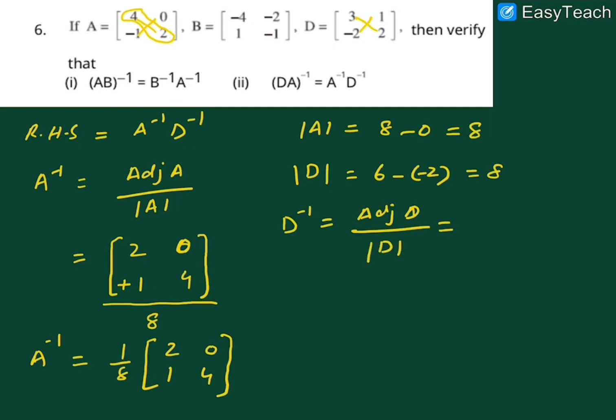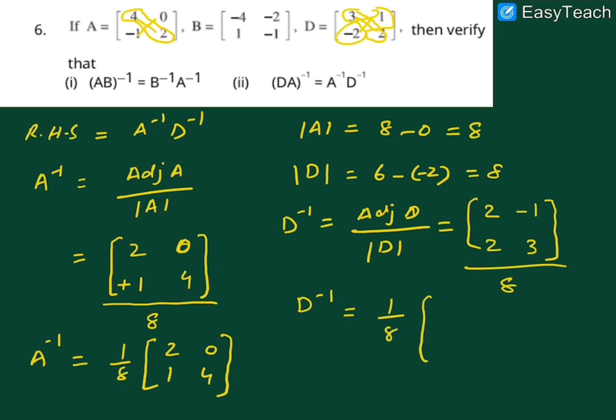What is the adjoint of D? The adjoint of D is changing the position of these two diagonal elements, so it will be 2 and 3, and the signs of the other elements: 1 will become minus 1, minus 2 will be plus 2. This is the adjoint of D, and over the D determinant, which is 8. So D inverse will be equal to 1 over 8 into 2, minus 1, 2 and 3.